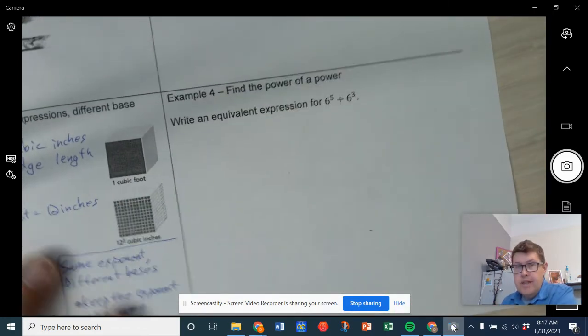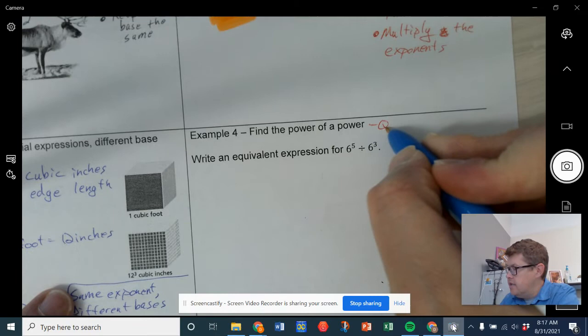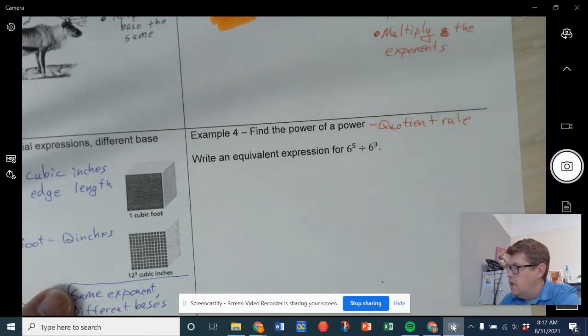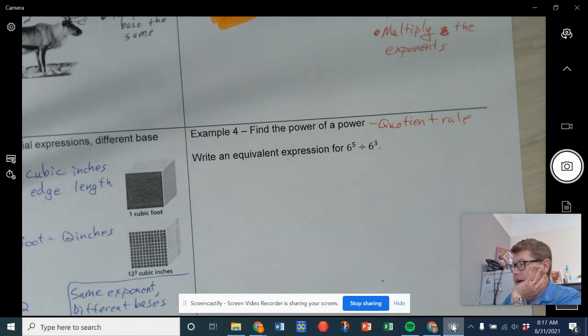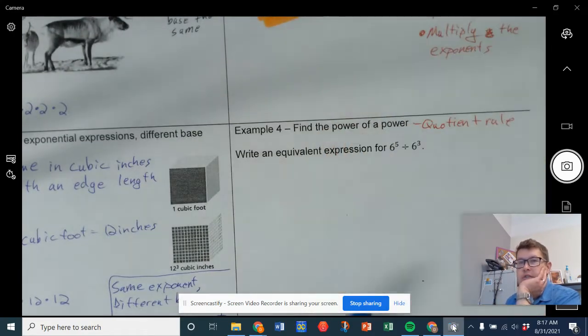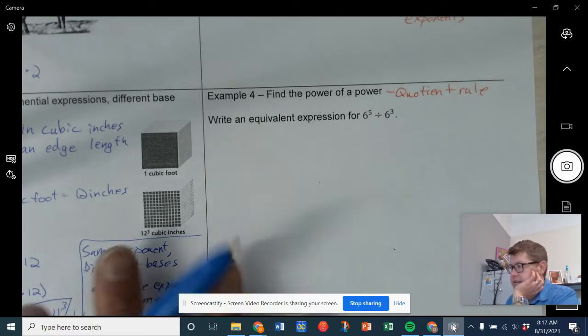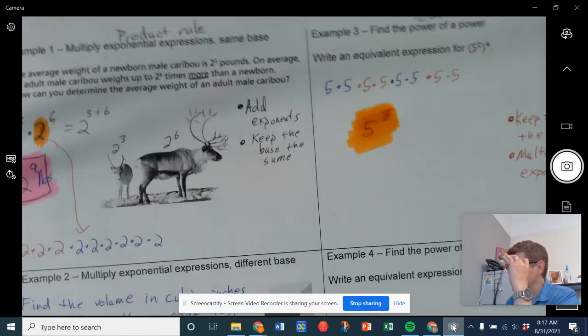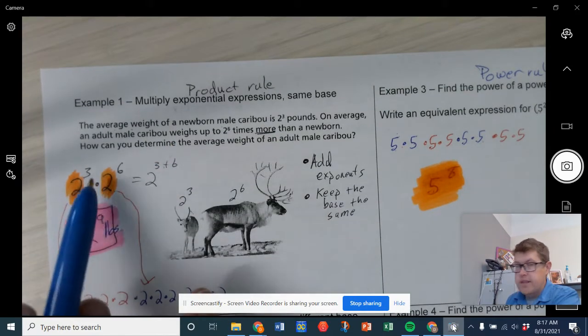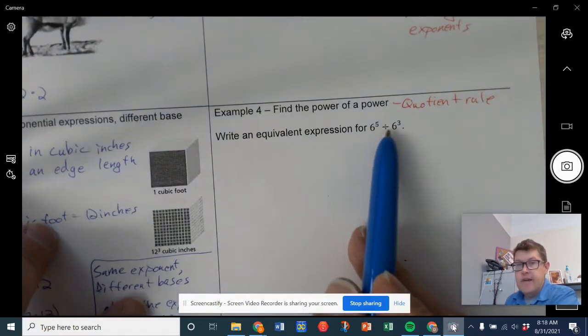Okay. Now this in the past I have called the quotient rule. And this is similar to the power rule, right? It's kind of the inverse, or the opposite of the product rule right here, because rather than multiplying them together, we are dividing them, right?